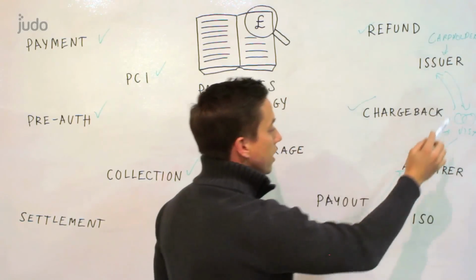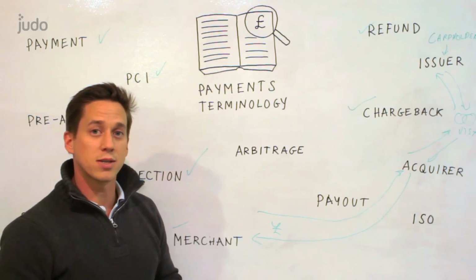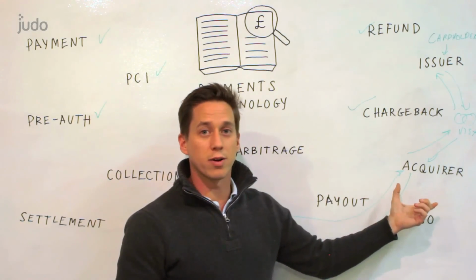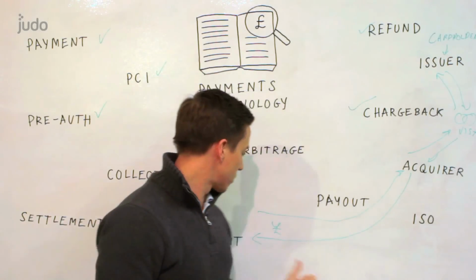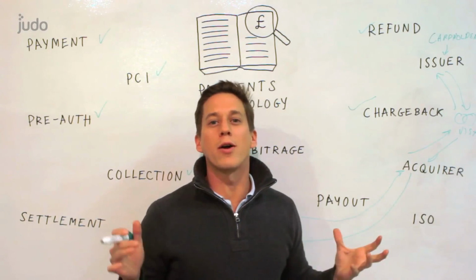But the issuing bank and the acquiring bank are rarely the same. They can be, and in some instances they are. Barclays, for example, is both an issuing bank and an acquiring bank. An acquiring bank is the bank that's behind a merchant. So for all intents and purposes, if you work with Judo, we're your acquiring bank.